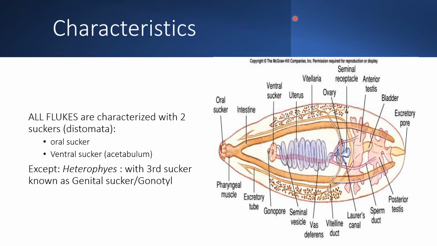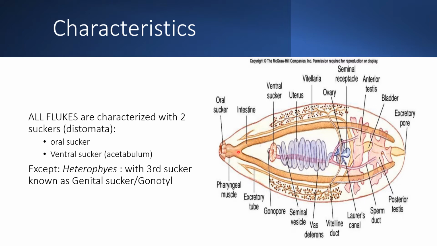Most likely it is being used for copulation or for reproductive function. Okay, so the digestive system of trematodes is incomplete. It consists of an anterior mouth with a muscular pumping pharynx here, which continues as the esophagus.